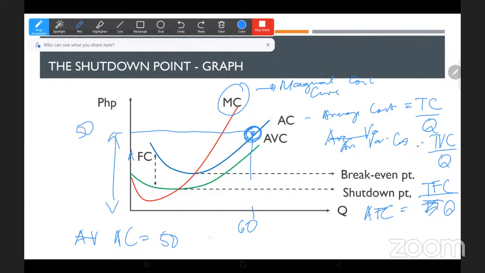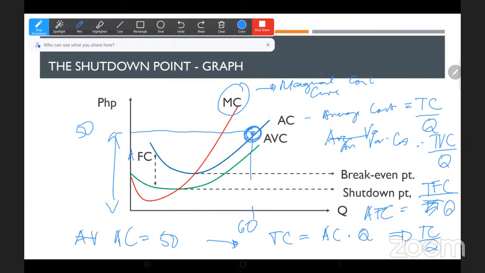What is total cost? The total cost is simply average cost times Q from this formula. Di ba? So ibig sabihin, kaya nyong i-calculate yung total cost when you have information about the average cost by multiplying it by the quantity.